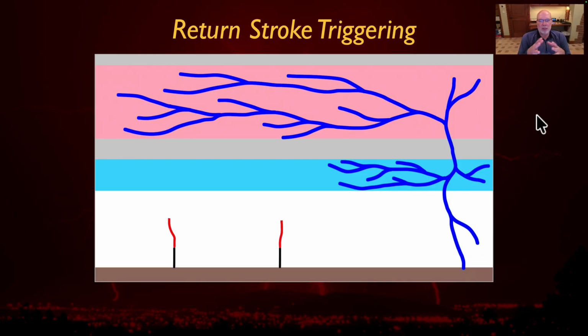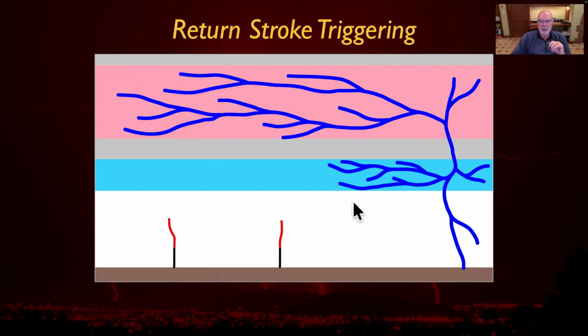The other way previous flash activity can trigger upward positive leaders is through a return stroke. Now, previously we just showed the negative leader activity from the IC flash go over the towers.